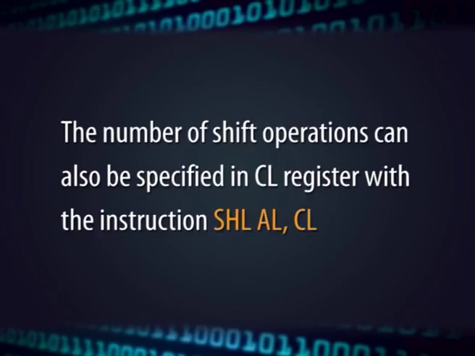The number of shift operations can also be specified in the CL register with the instruction SHL AL, CL. The number of shifts is software controlled. The number of shifts can be specified in the CL register before the execution of the shift instruction.